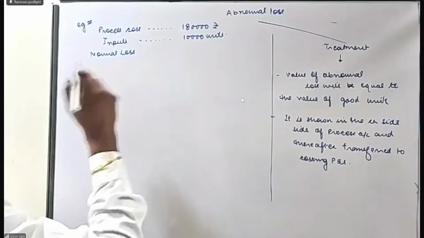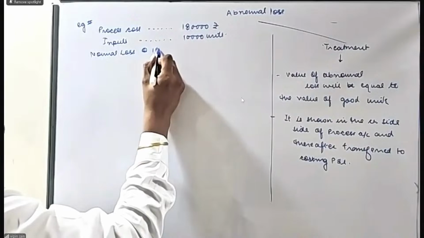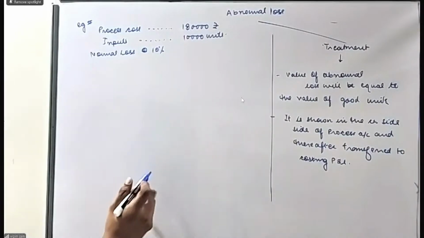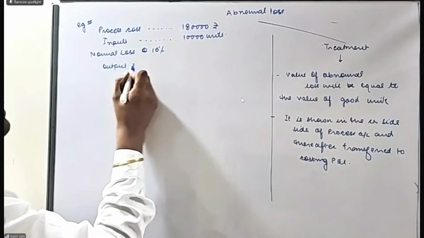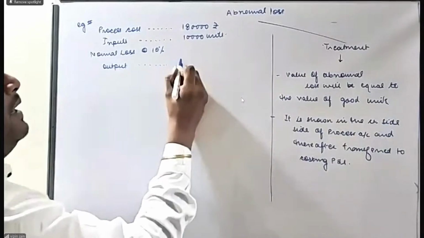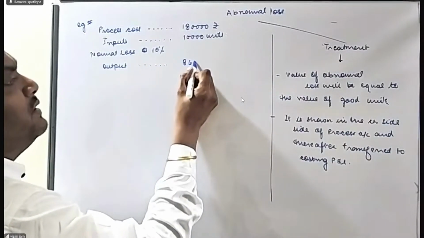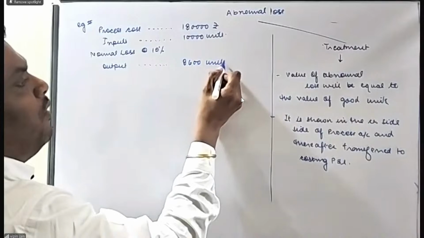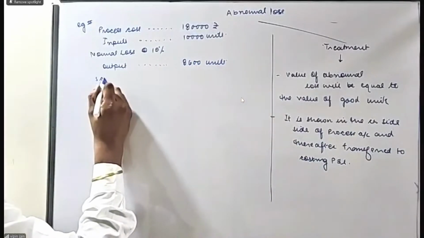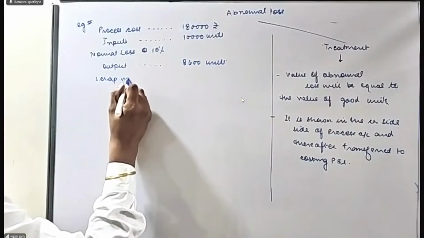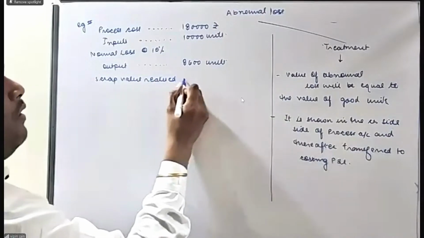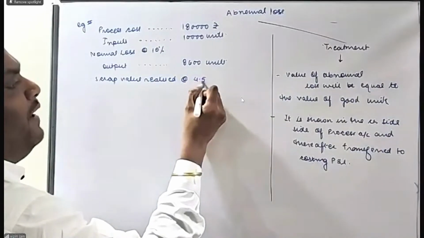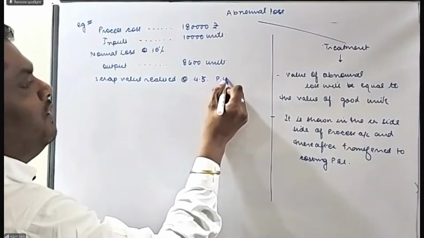My normal loss is at the rate of 10% of inputs. Further, when talking about the output, I'm getting output as 8,600 units. Further, scrap value realized is at the rate of 4.5 per unit.